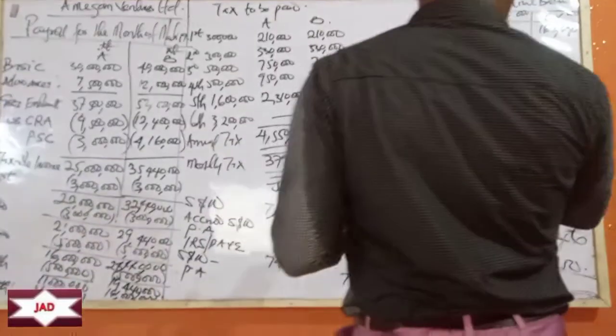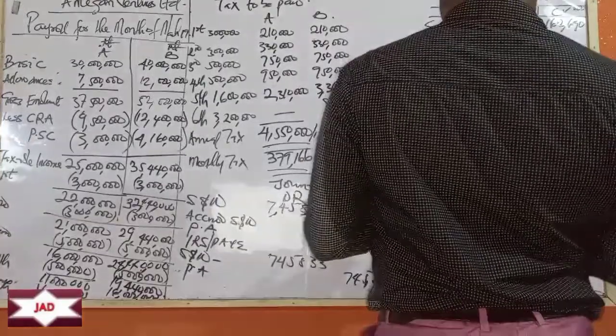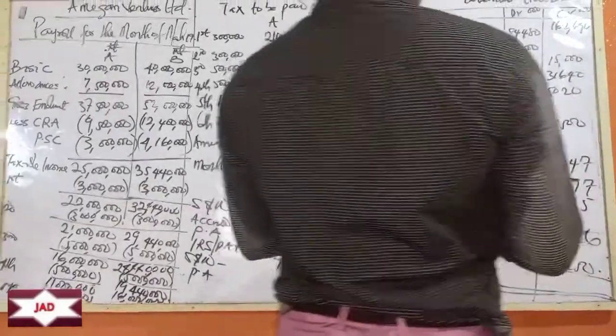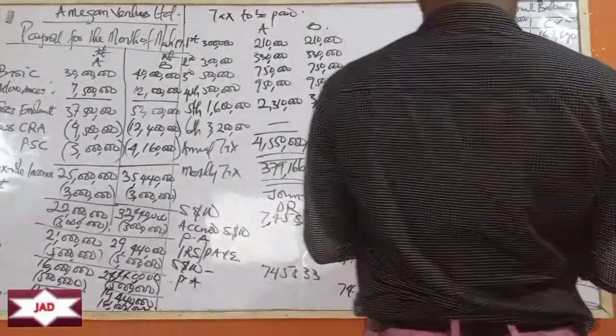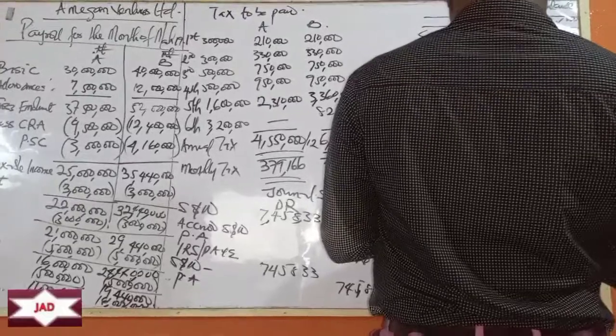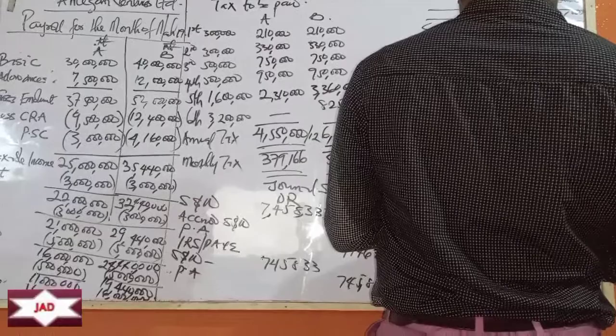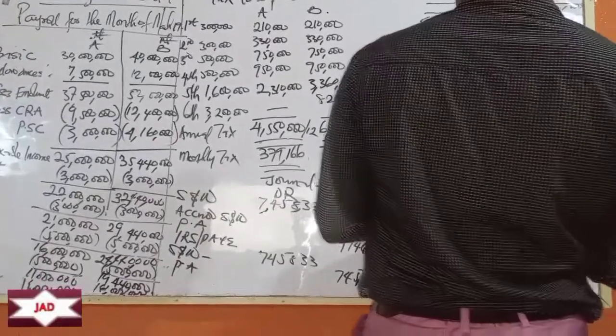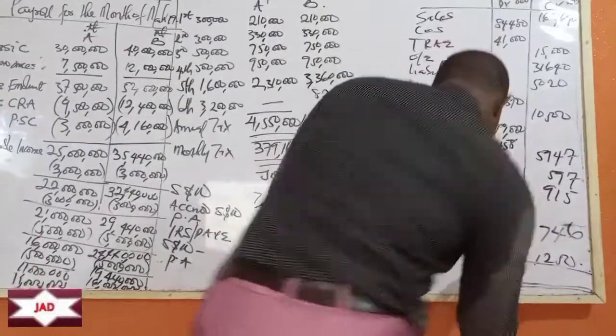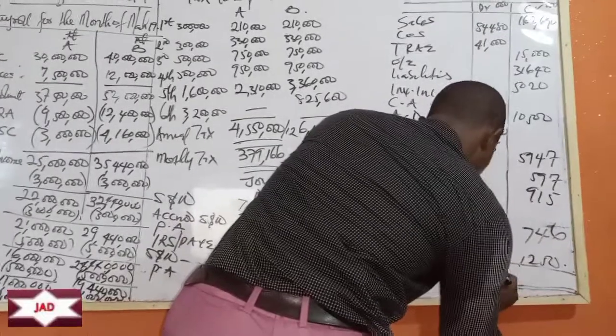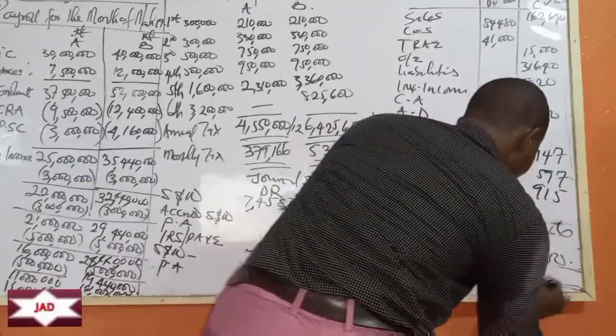So we can have all this here plus 7458 plus 746 plus 1250. So we have 234,314. So this will be the same thing.